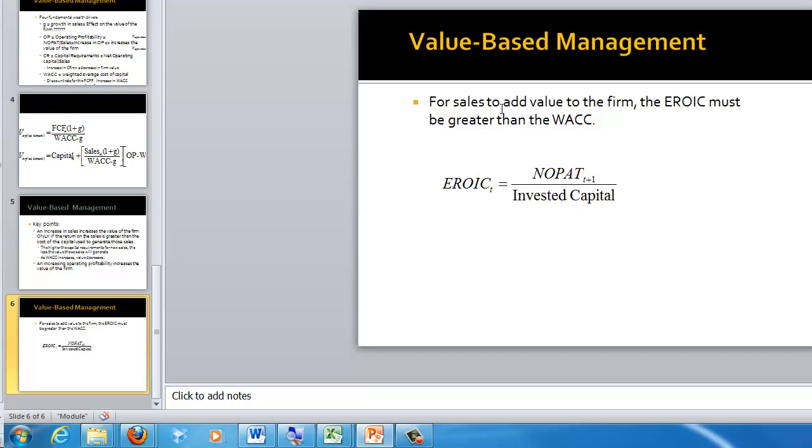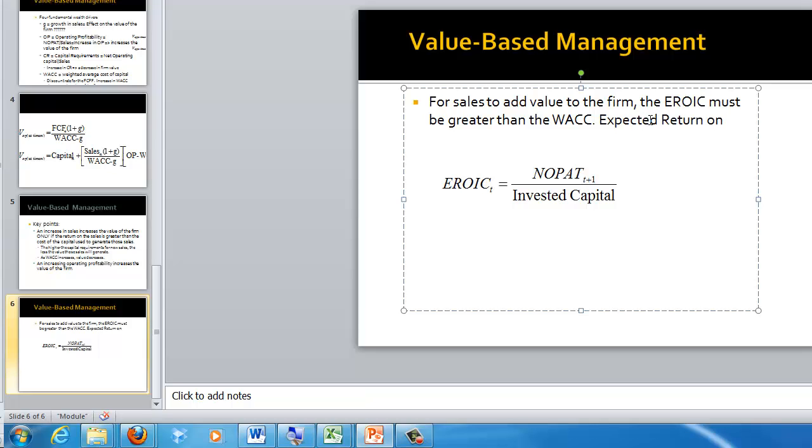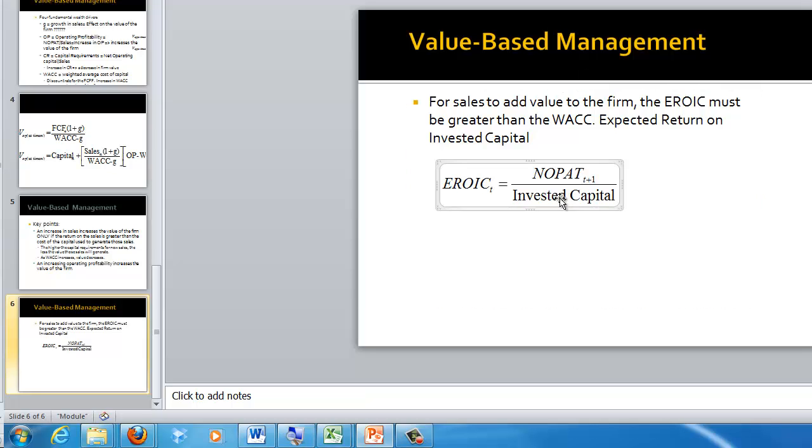So for sales to add value to the firm, the expected return on invested capital, that's what EROIC is. Let me just write that out. EROIC is equal to the net operating profit after tax at the next year divided by the invested capital, the dollar amount of invested capital.